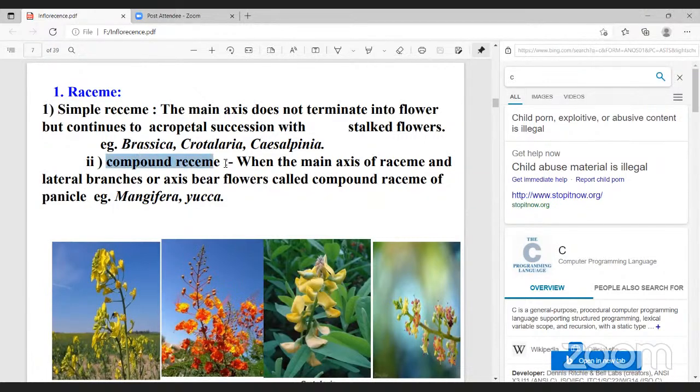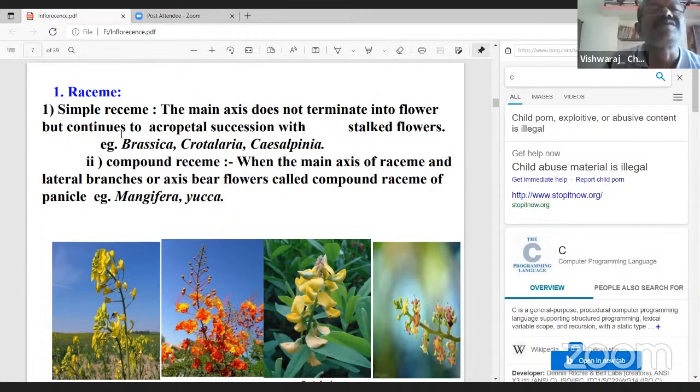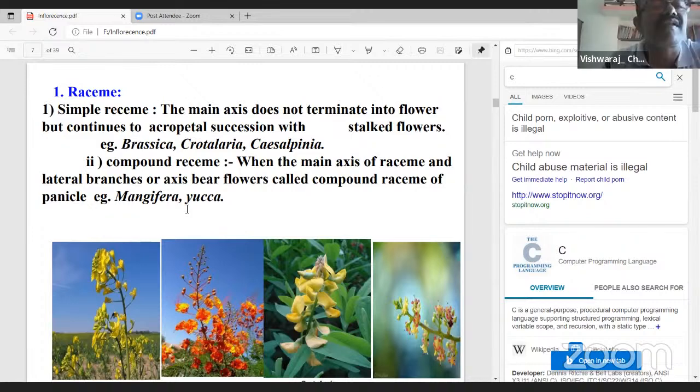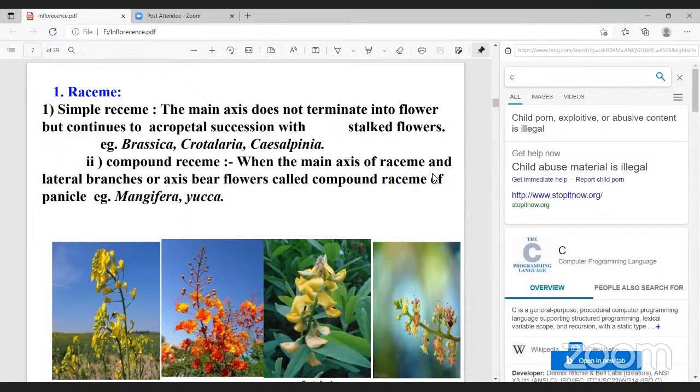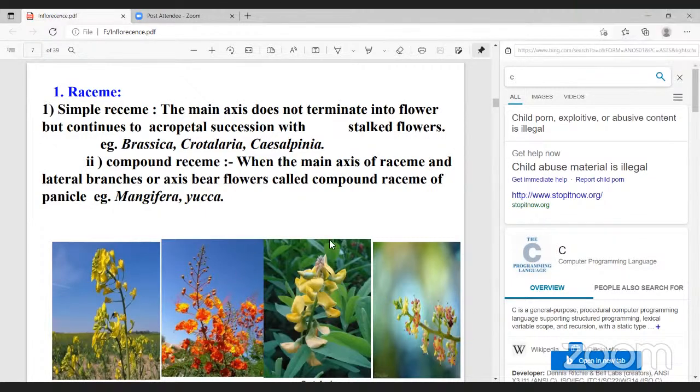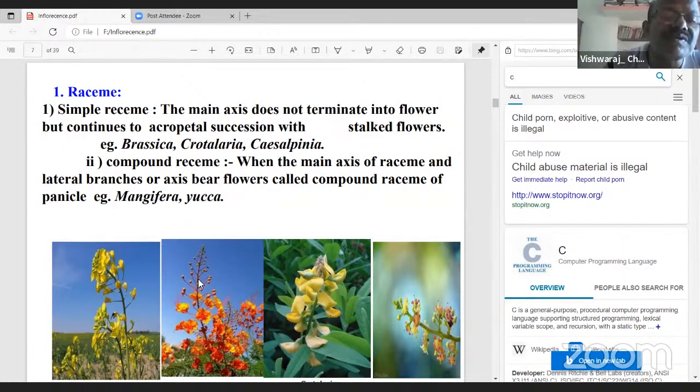Then the other is compound raceme. When the main axis of the raceme and its lateral branches or axes bear flowers, it is called a compound raceme. This is a simple raceme. Suppose this is a peduncle.